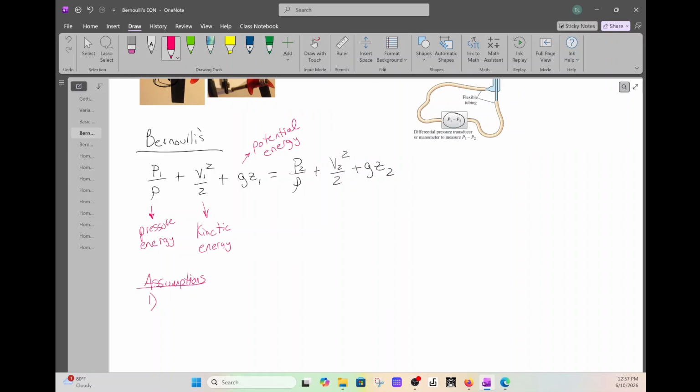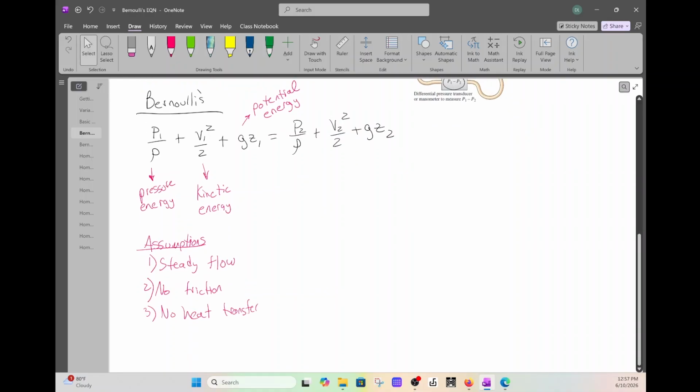are steady flow, no friction, which pretty much is no heat transfer, no shaft work, so no input in power or anything.